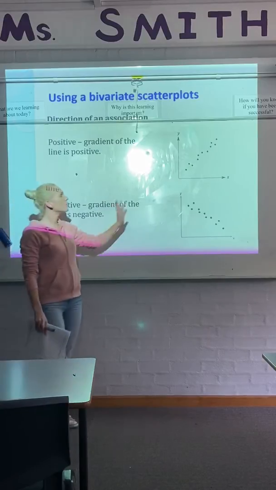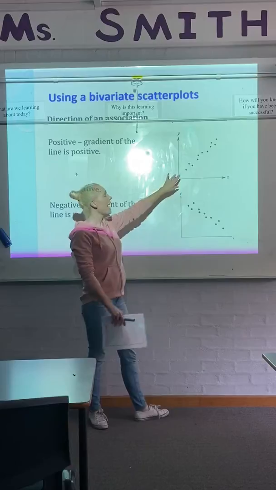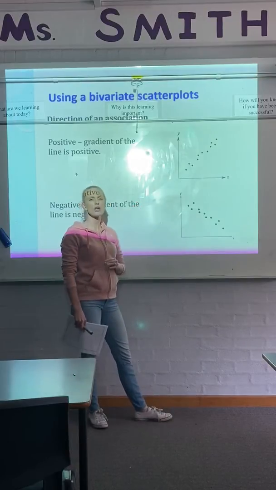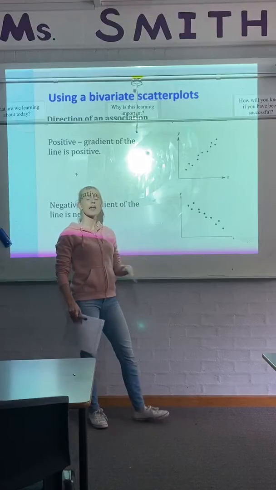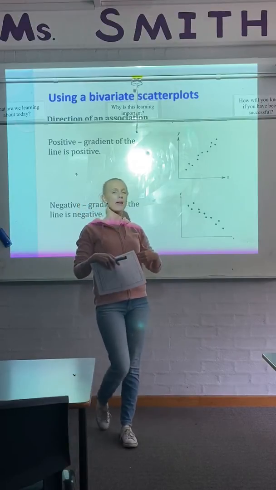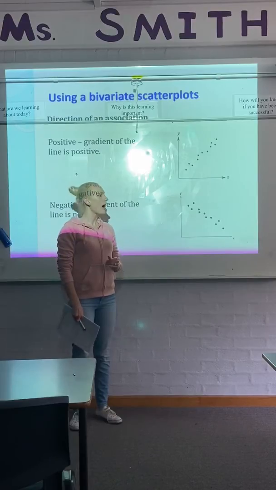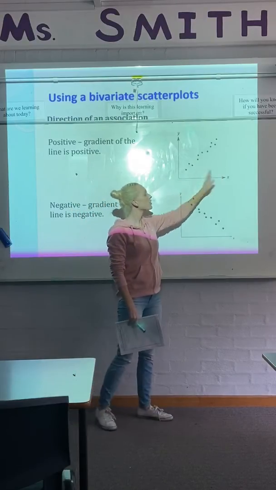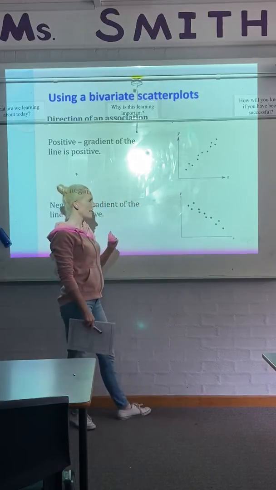An example of something that has a positive association would be something like age and height. Generally as you get older, your height increases, or at least when you're an infant anyway. So as your age increases, so does your height. That would be an example of a positive gradient.